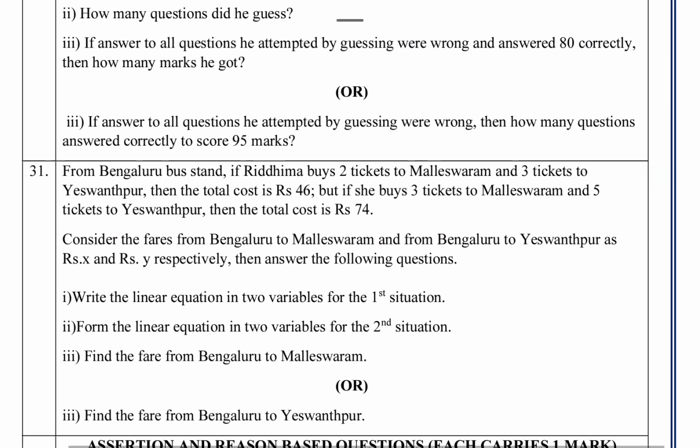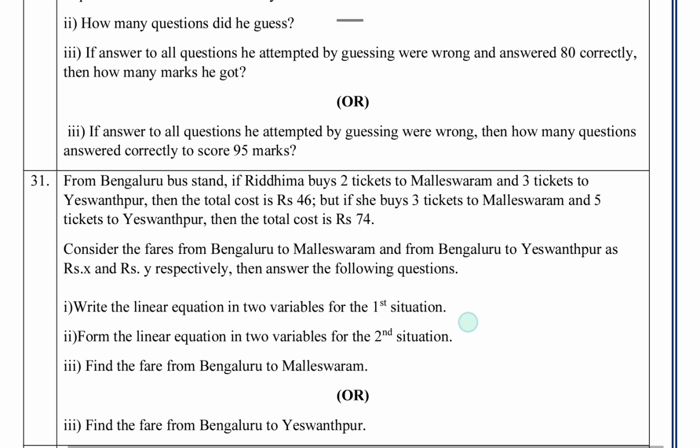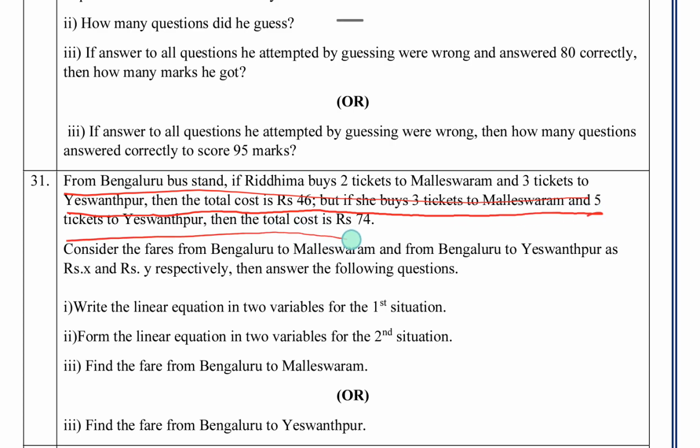Next, from Bangalore bus stand, if Ridhima buys 2 tickets to Malleshwaram and 3 tickets to Yeshwantpur, then the total cost is 46, but if she buys 3 tickets to Malleshwaram and 5 tickets to Yeshwantpur, then the total cost is 74. You have to calculate.